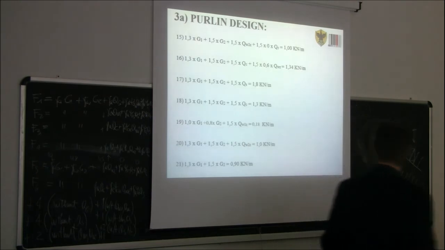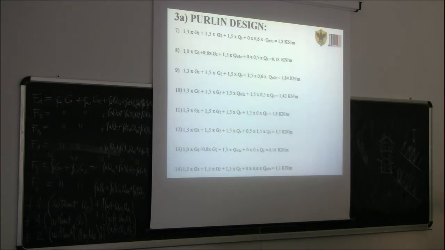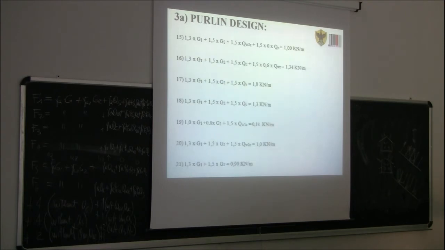And then, of course, out of these load conditions, if you have a look, the maximum ones would be the fourth and the ninth. Maximum is in terms of the value of the load.